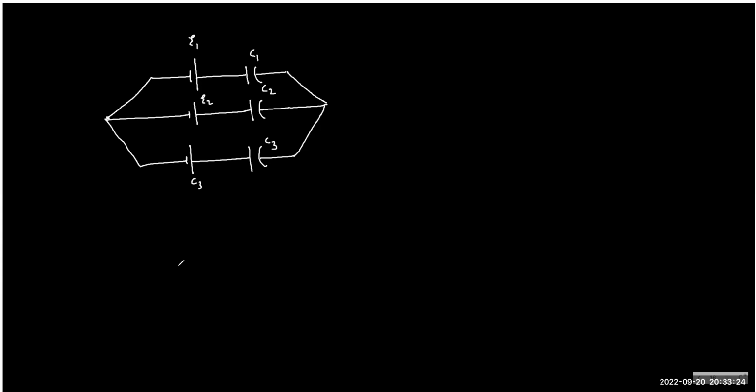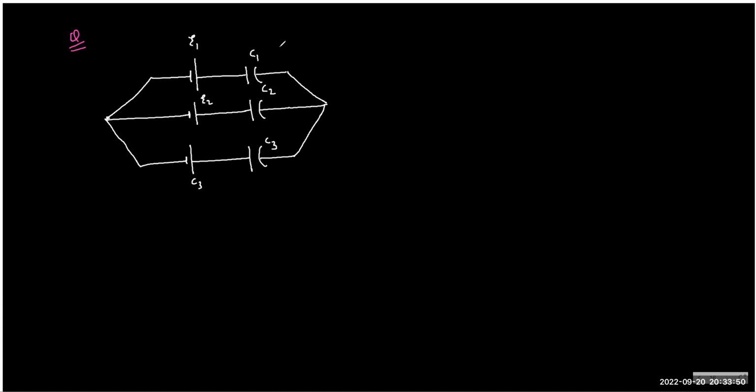Can you do it in one line? How to think of Kirchhoff's current law here? That will solve this question in one line.